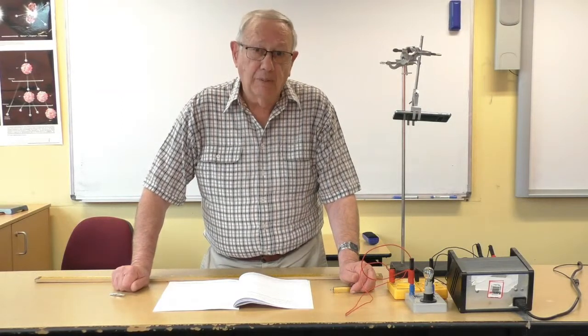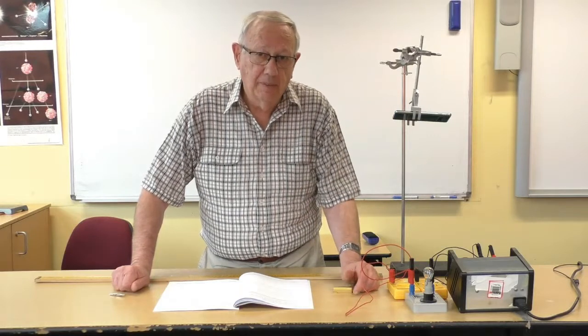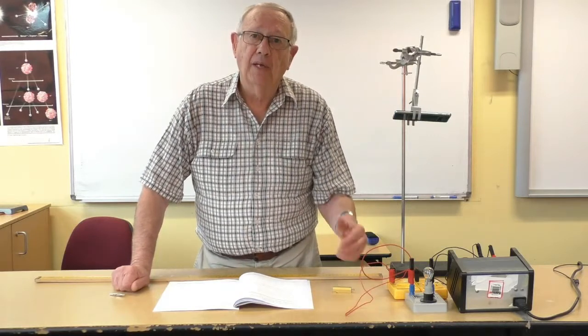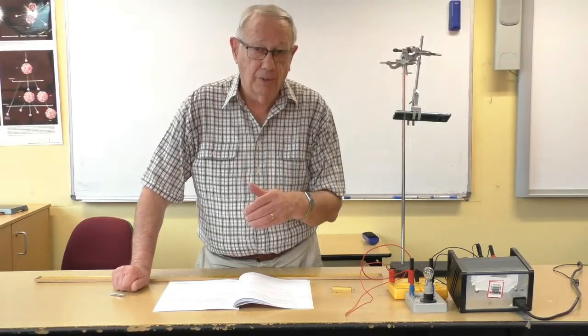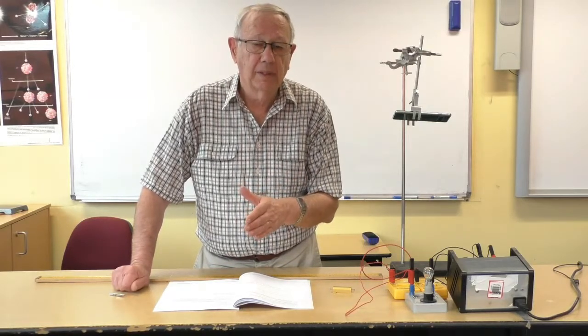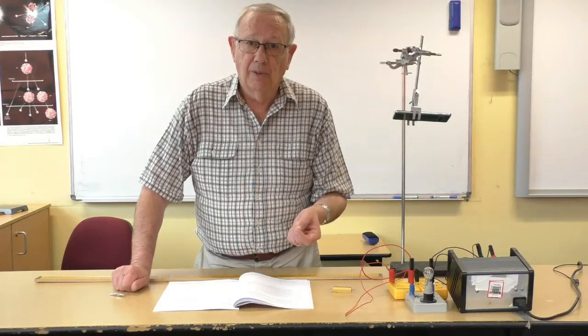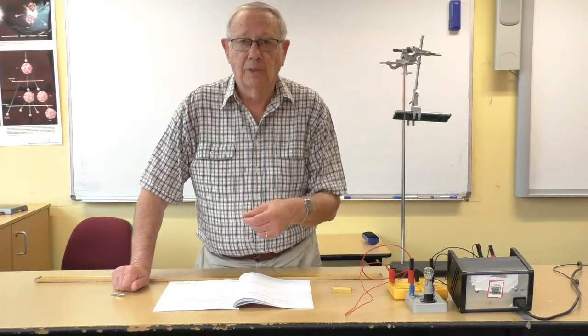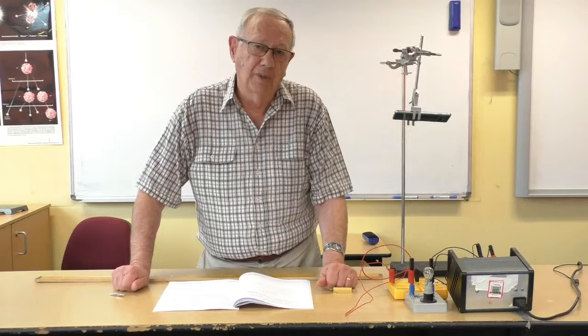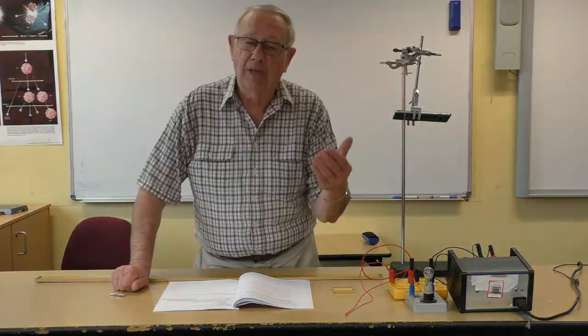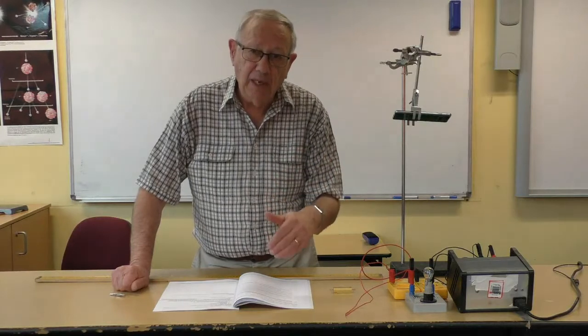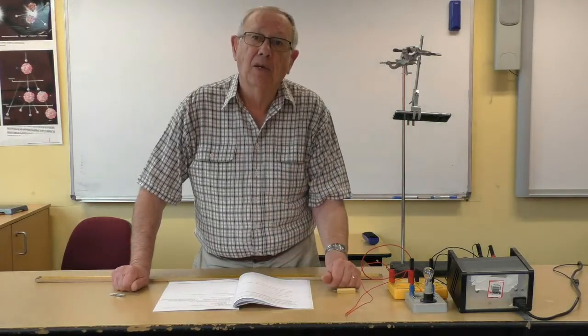What we should expect, theoretically, is that as we increase the voltage, the potential difference measured in volts, the current should increase in the same ratio, in the same proportion. And what that means is that the ratio of the potential difference to the current is a constant.